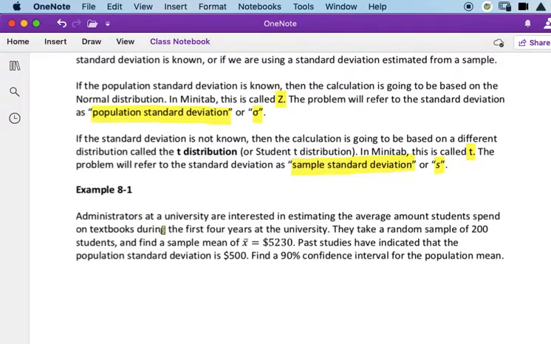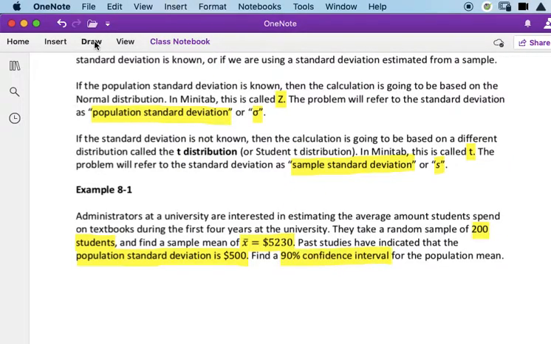Administrators at a university are interested in estimating the average amount students spend on textbooks during the first 4 years. They take a random sample of 200 students, and they find a sample mean of $5,230. Past studies have indicated that the population standard deviation is $500. Find a 90% confidence interval for the population mean.